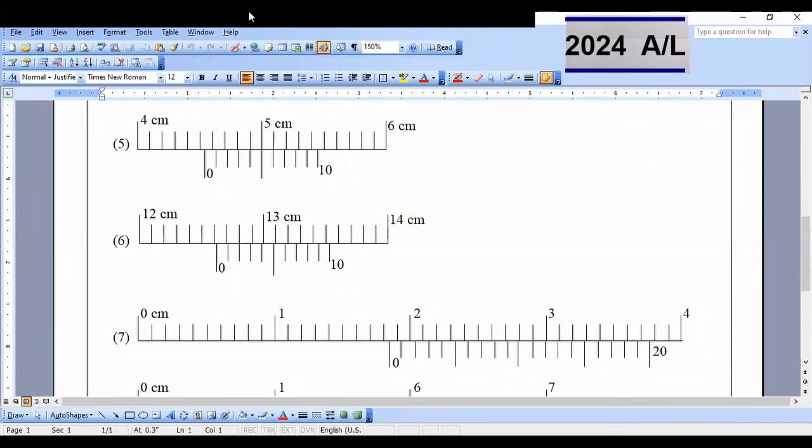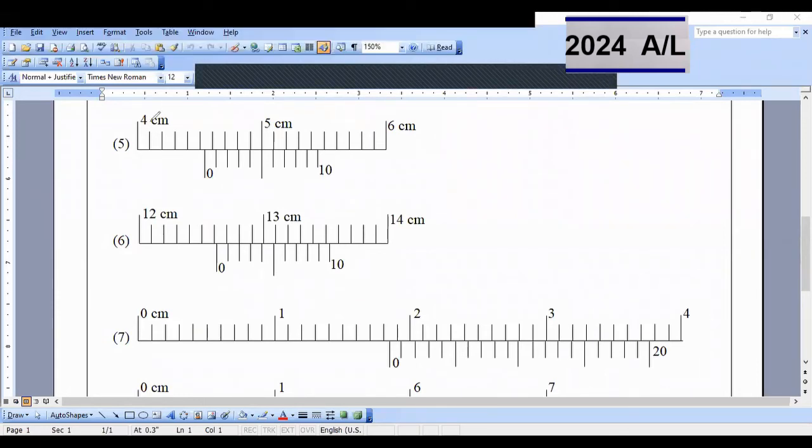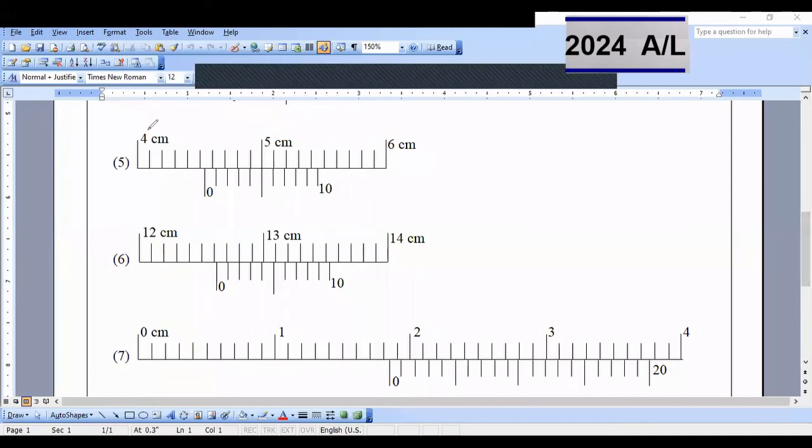What is the main scale reading? 4 centimeters means how many millimeters? 40 millimeters, sir. 4 centimeter means 40 millimeter.